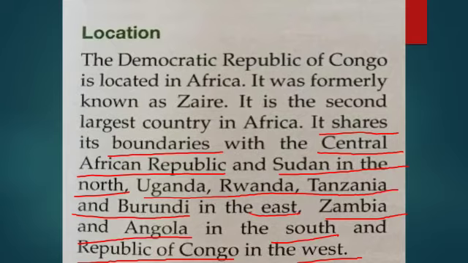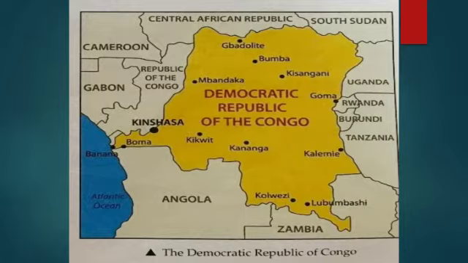It shares its boundaries with the Central African Republic and Sudan in the north. Uganda and Rwanda, Tanzania and Burundi, all these are in the east of Democratic Republic of Congo.